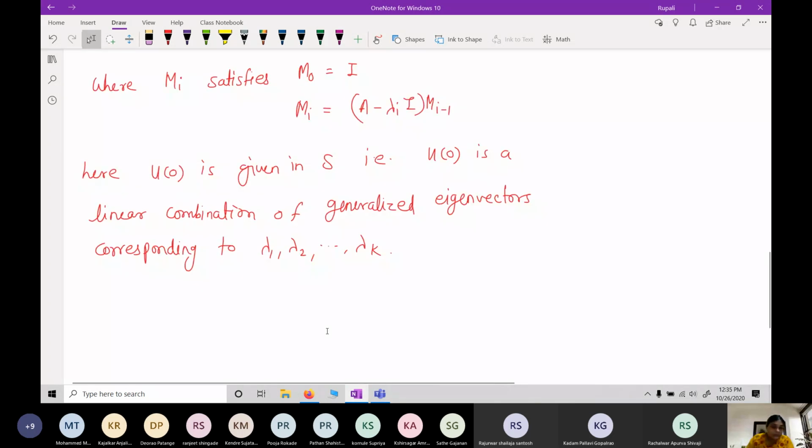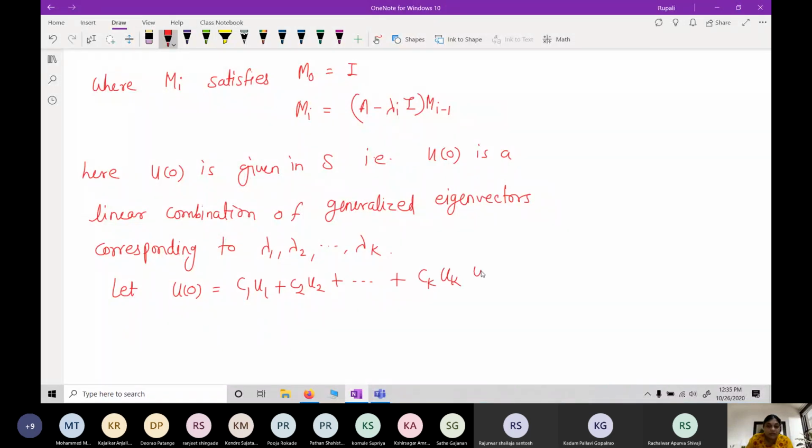So let us say u0 is equal to alpha 1 u1 plus alpha 2 u2 plus and so on up to alpha k uk, where the alpha i's are some constants.